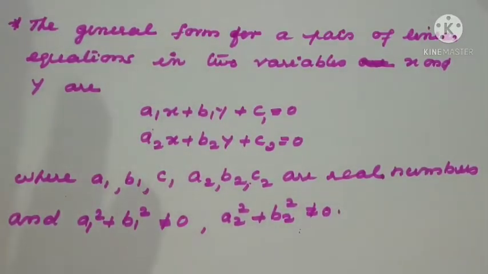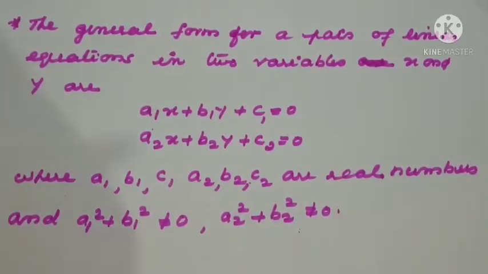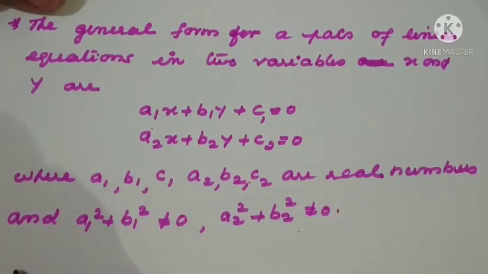We are going to learn the solving methods of this chapter by the algebraic method as well as the graphical method. First we are going to learn the graphical method. In the graphical method we draw two lines on the same graph sheet.